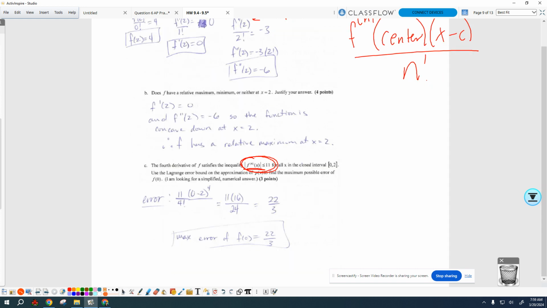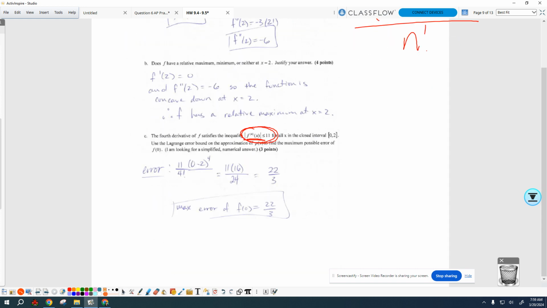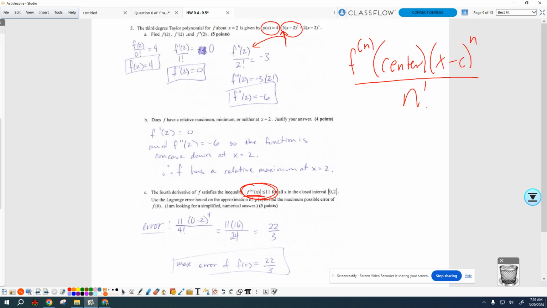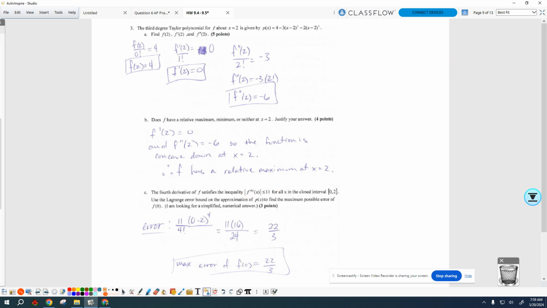Okay, so you asked about this part. Yeah, I understand how you get the 11 over 4 factorial and 2 to the 4th power, and I understand x minus c, you're approximating at x, which is 0 in this case. But then -2, for the interval, why would you choose that? Where's the center of this equation? Isn't it 0 to 2? Center is one specific place, looking at the polynomial they gave us. Oh, 2, okay.